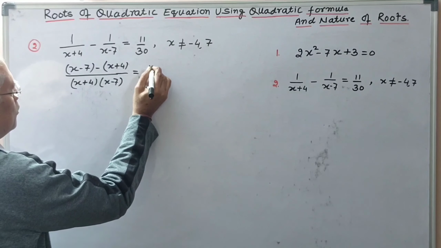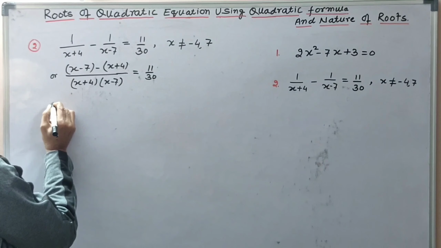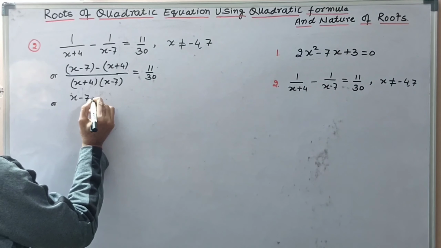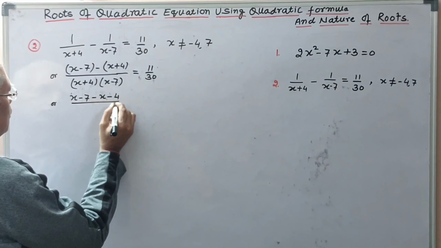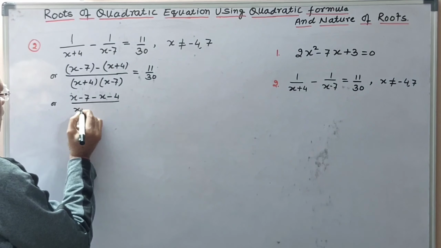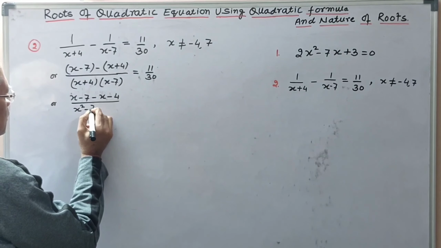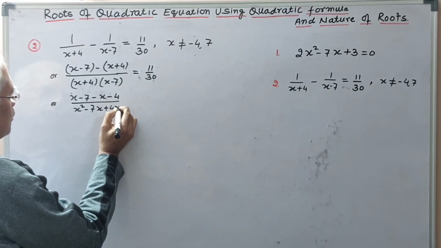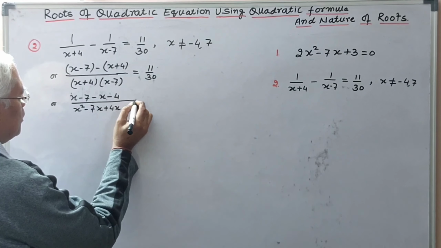This is equal to 11 upon 30, or x minus 7 minus x minus 4 divided by, multiply x into x, x square, x into minus 7 minus 7x, 4 into x, 4x, 4 into minus 7, minus 28.